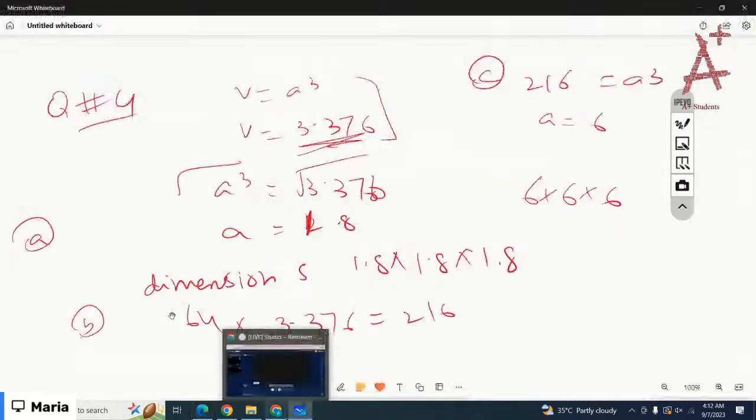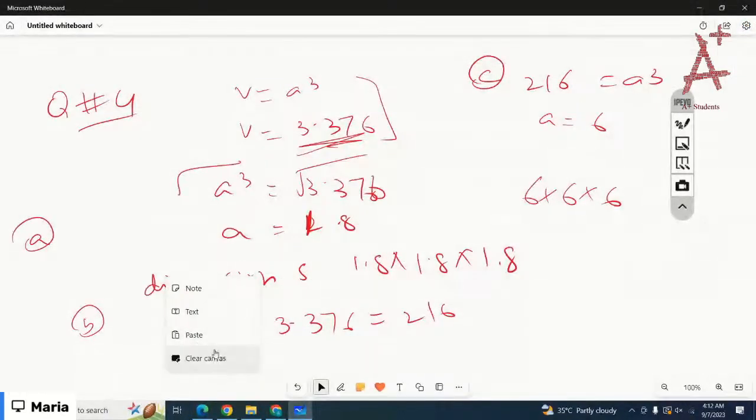Question number 6. You are given the volume equal 8200 centimeter cube, right? First of all, we are going to calculate the dimensions of the prism, right?